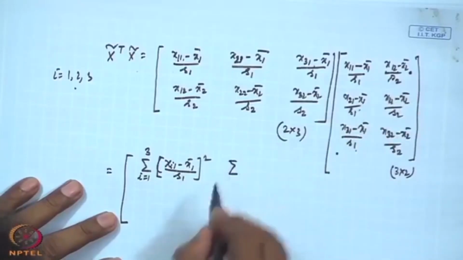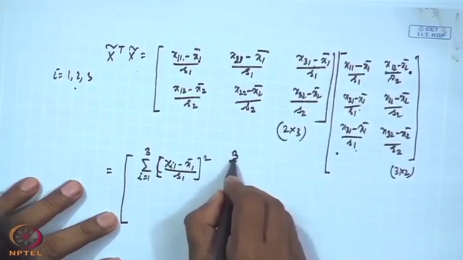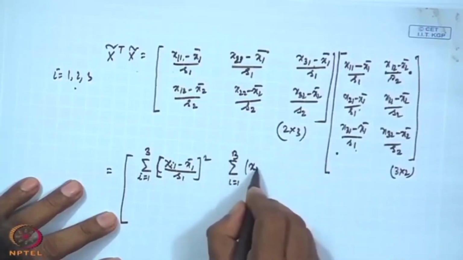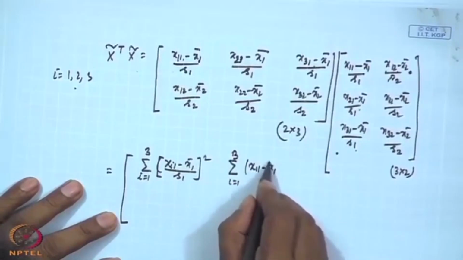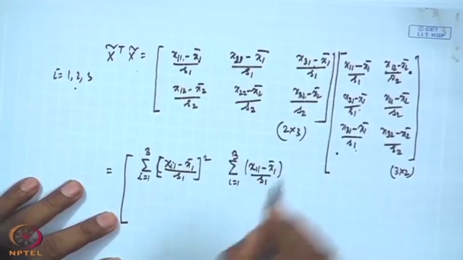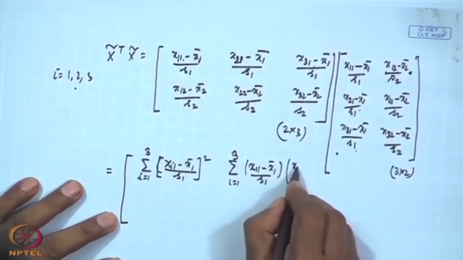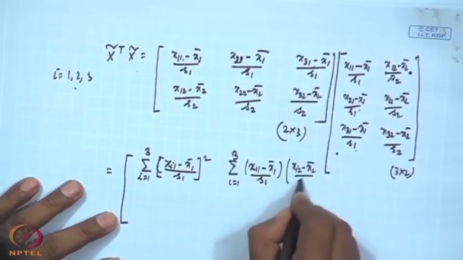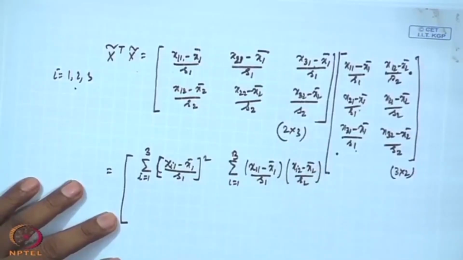You are also getting the sum over i equal to 1, 2, 3 of x i1 minus x1 bar divided by s1 into x i2 minus x2 bar divided by s2.